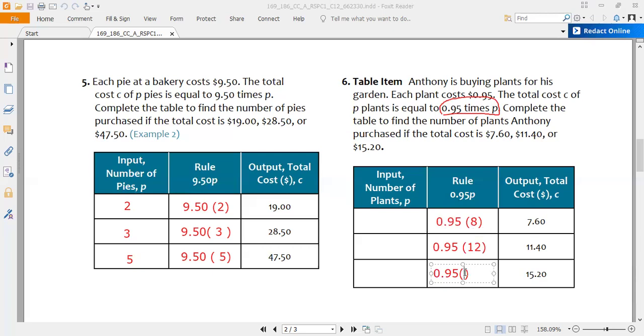We are selecting the even numbers like 14. It should be more than 12. So 14, 16, or 18, something like that. So let me first try the number that is greater than this one, 14, but 14 is not possible because if you multiply it by 14 it will give you 13.3. So let me try 16. If you try 16 here, it will give you this answer.